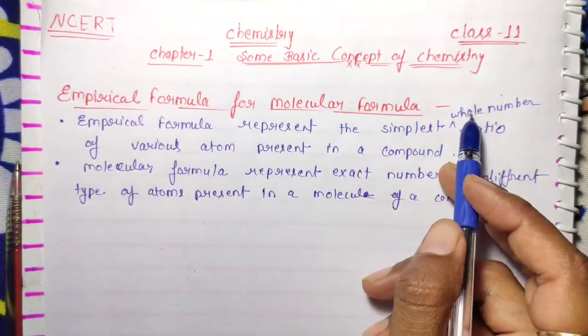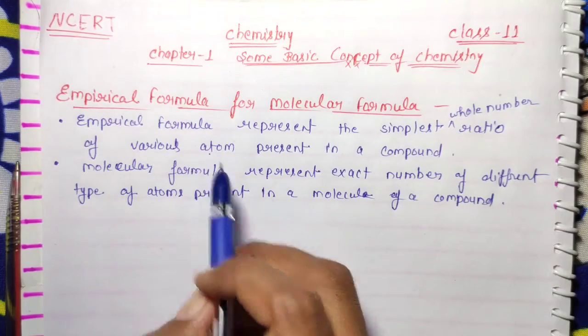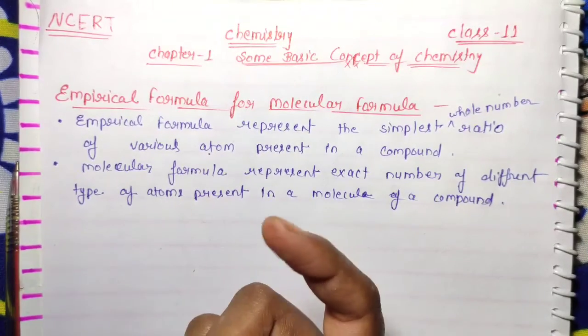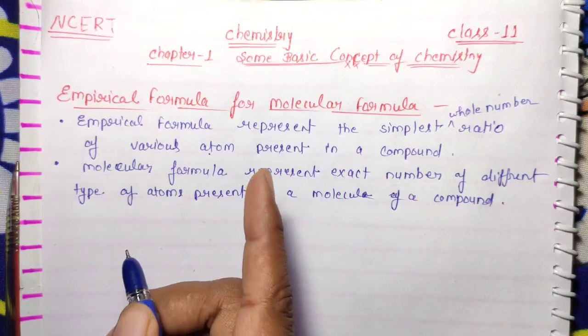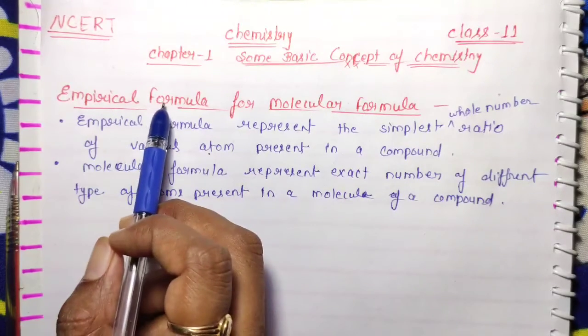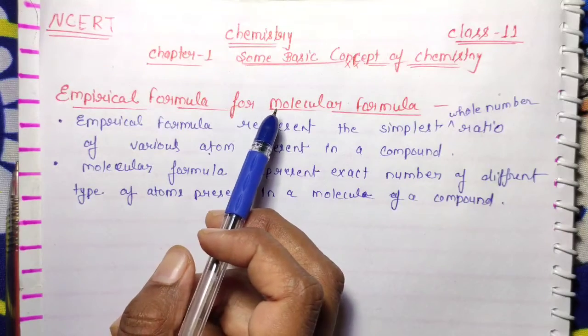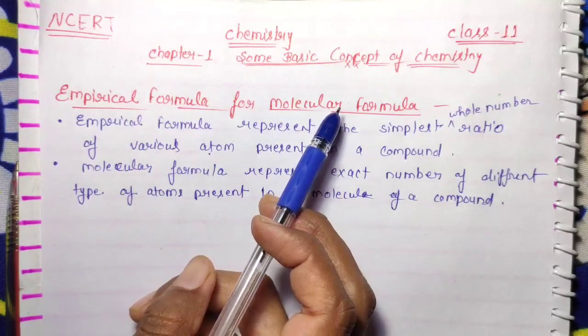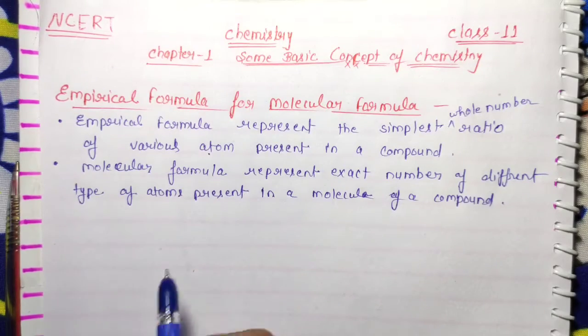It is a simplest whole ratio of various atoms and it is an exact number of different types of atoms. If we know mass percentage, we can calculate empirical formula. If we know molar mass of the compound, we can also calculate molecular formula.